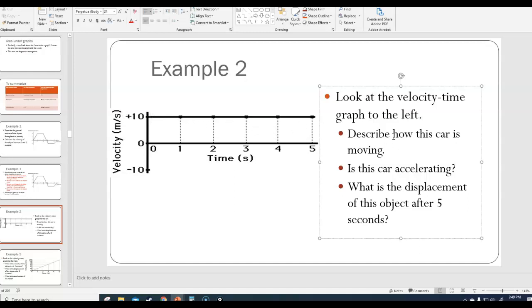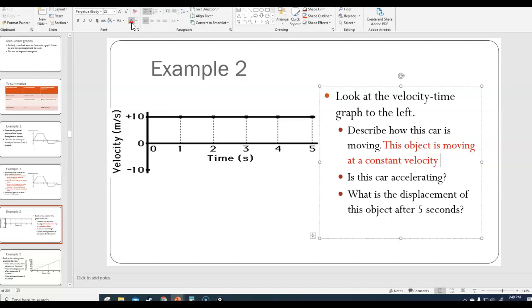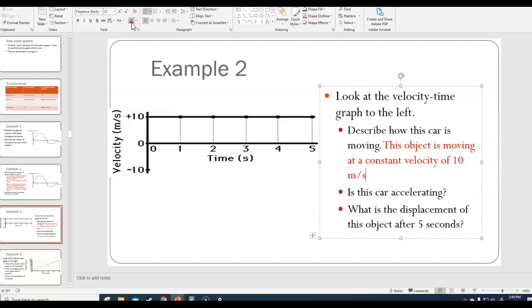But if I were to just say this object is moving at a constant velocity, that leaves a lingering what question: what is the constant velocity? Well, it's 10 meters per second. That's a more complete answer.